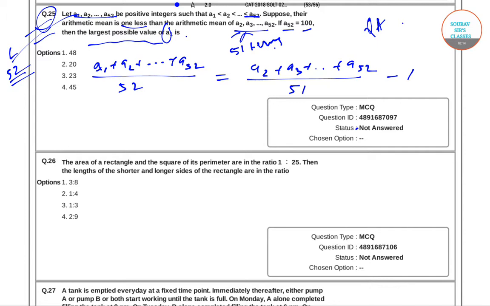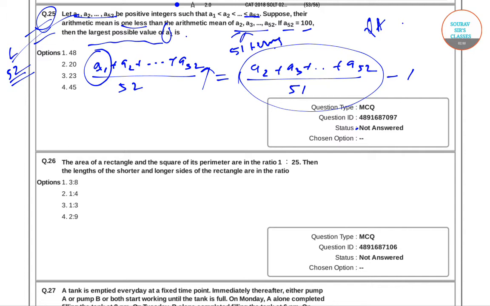In this case we need to find the largest possible value of a1. If a1 has the largest possible value, then this portion is maximized, and if this portion is to be maximum, then this entire portion has to be maximum. Now it has been said that a52 is the highest number, and the other numbers are all smaller than the adjacent number, so a1 is the smallest, then a2, a3, and so on.